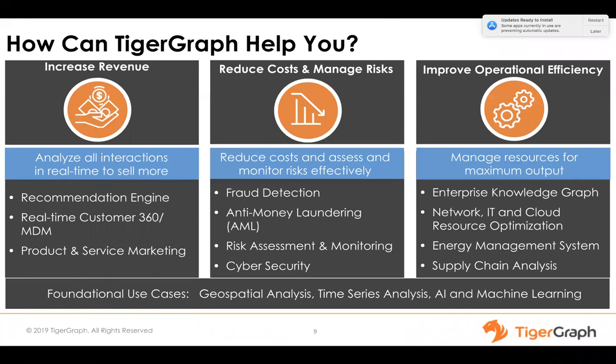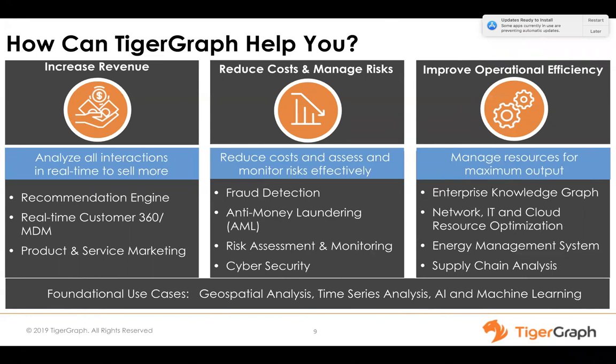How can TigerGraph help you? A good news for everyone in the audience, we have created 14 new use case solutions for our customers. These solution sheets will help you understand how TigerGraph can help and facilitate your digital transformation. There are 3 main categories that TigerGraph is positioned to help you to analyze all the interactions in real time to sell more, reduce costs and monitor your risks effectively, as well as manage resources for the maximum output.